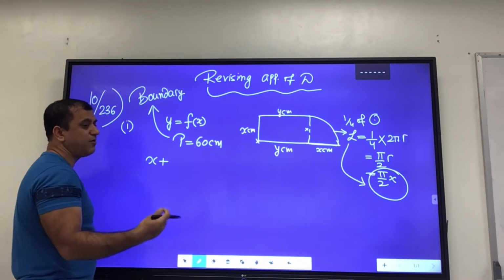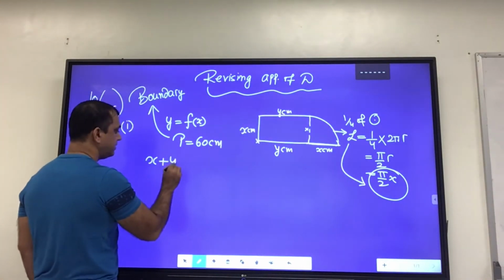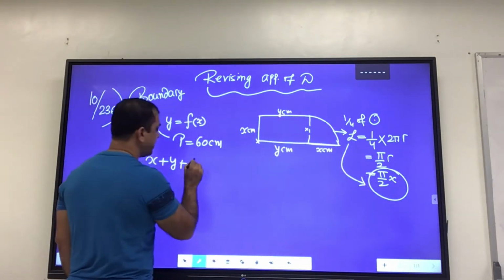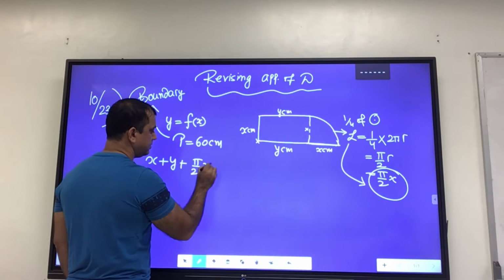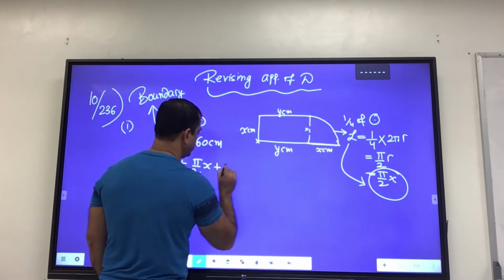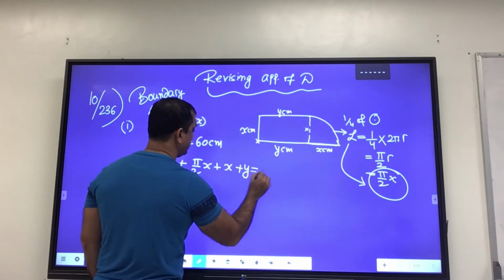Boundary means sum of all sides. We learned in the lower classes. So x plus y plus this length, which is pi by 2 x, plus this length, which is x, plus this length of the rectangle, which is y, is equal to 60.